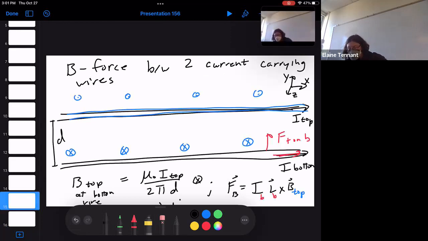We could add a sine of the angle between the current and the magnetic field, but I'm hoping you guys would see it would be 90, and sine of 90 is just 1. So it'd be fine. And then we could plug in that equation right there.